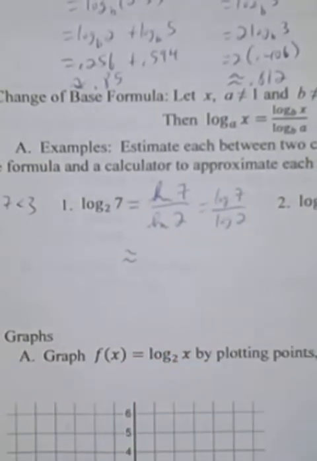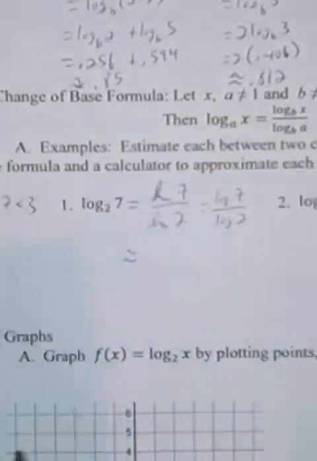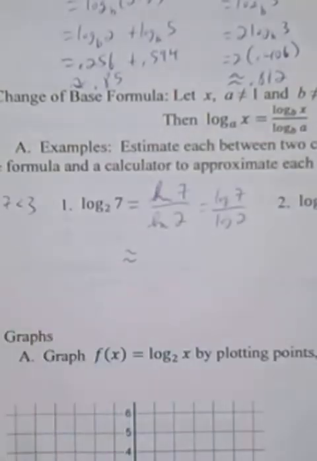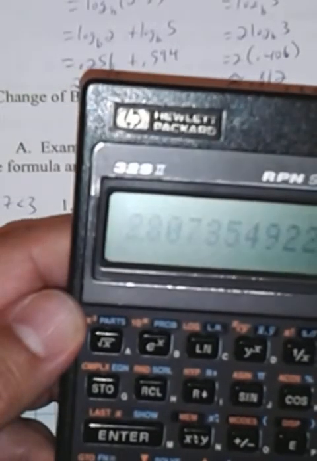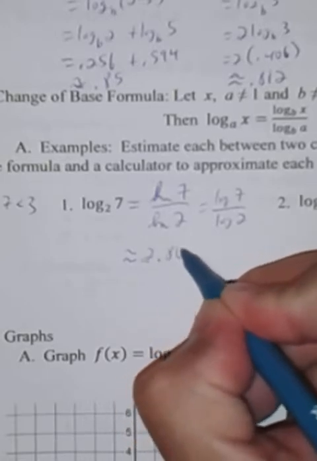Which will be approximately, and if I ask my calculator, ln of 7 is about that much, and ln of 2 is about that much, and I'm going to divide, and I get 2.807 to the thousandths, approximately 2.807.